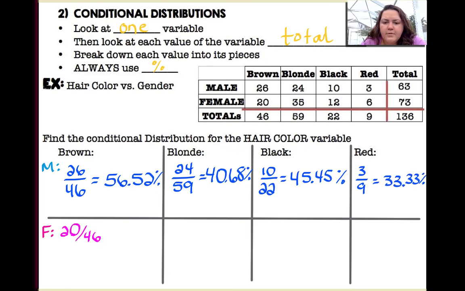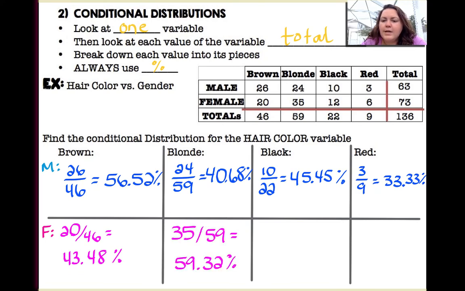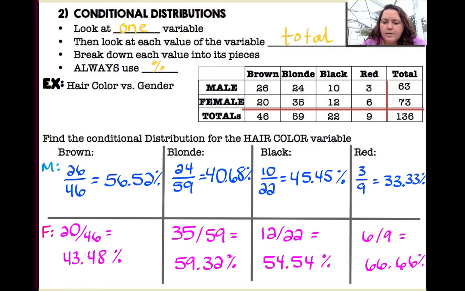For females, I have 20 females with brown hair out of 46 total. For blonde, I have 35 out of 59 blondes. I have 12 with black hair out of 22. And red, I have 6 with red hair out of 9. So then I can get all of those conditional distributions.